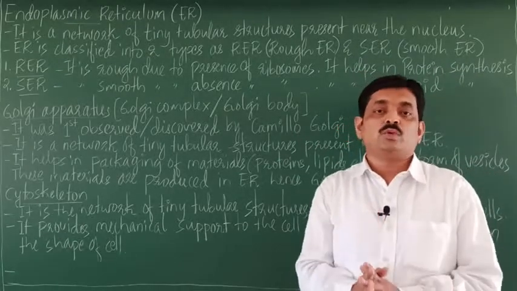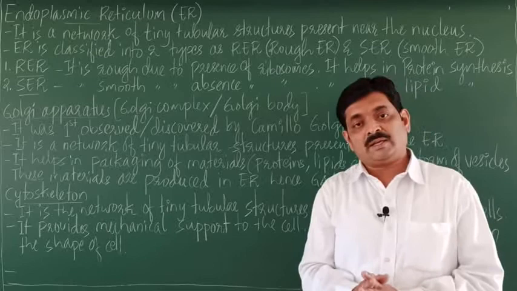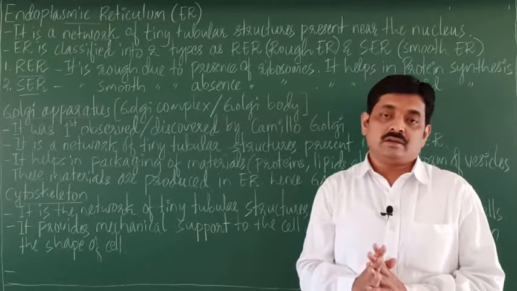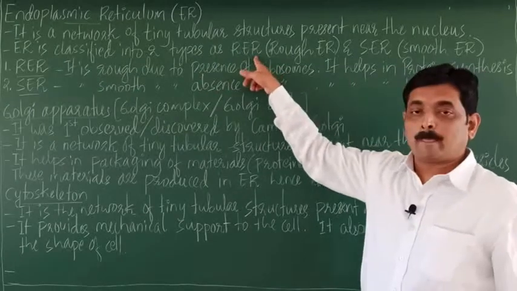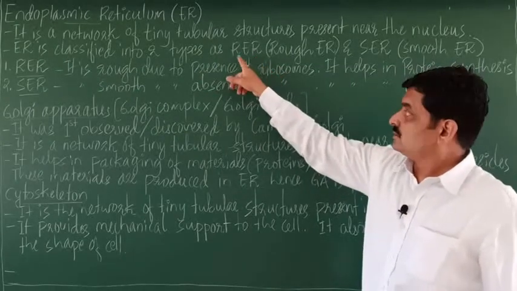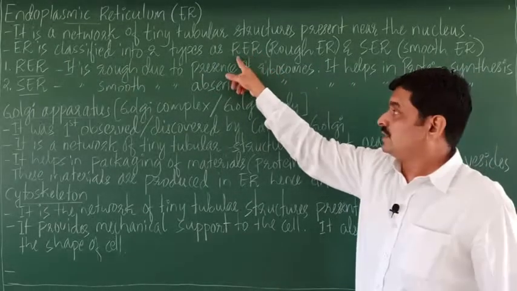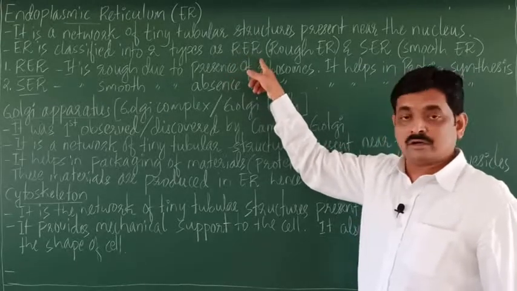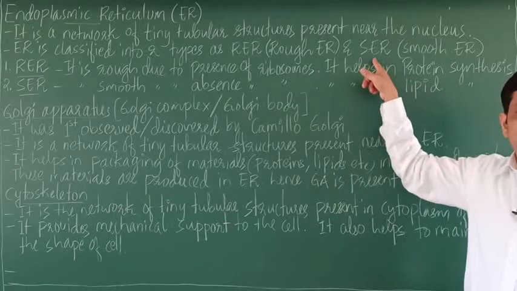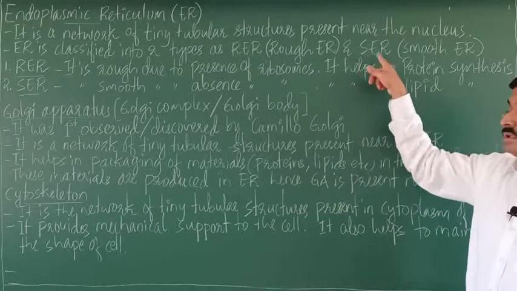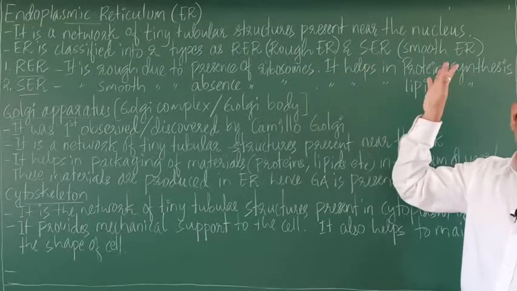So rough and smooth are the two types of endoplasmic reticulum. RER indicates rough endoplasmic reticulum, and the second type is SER. Here SER means smooth endoplasmic reticulum.